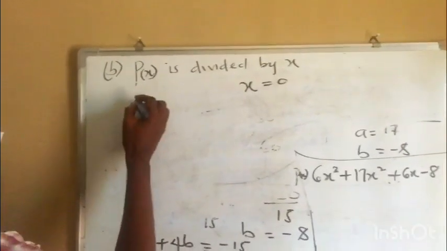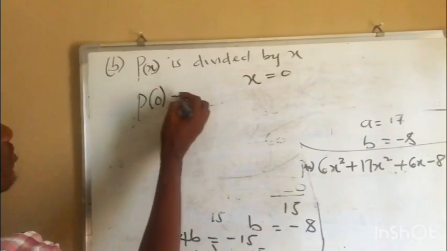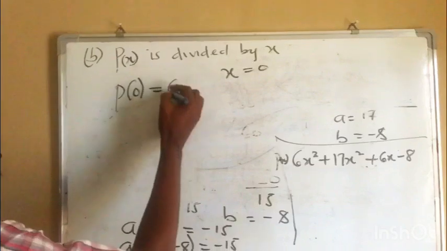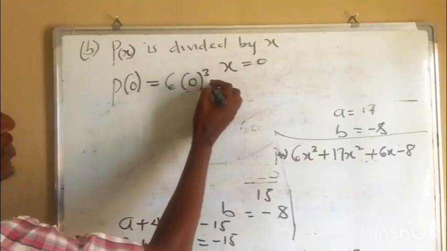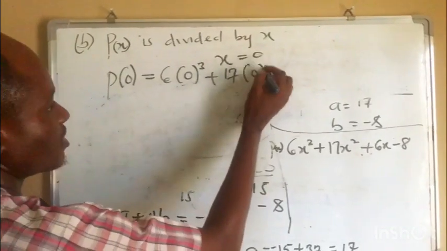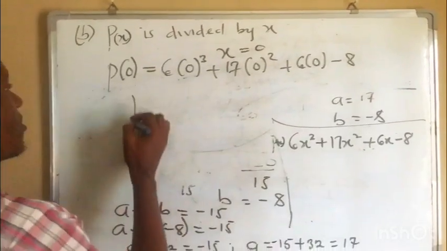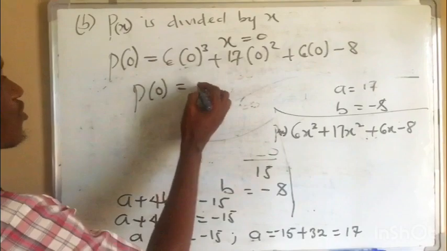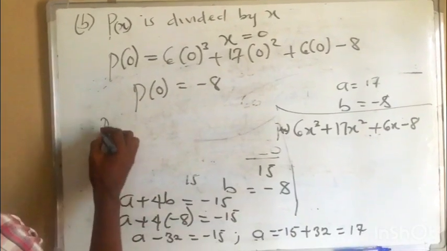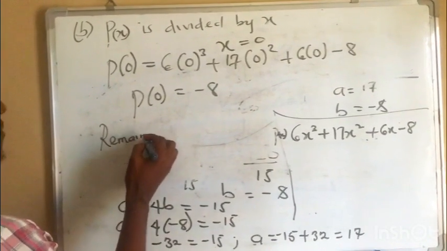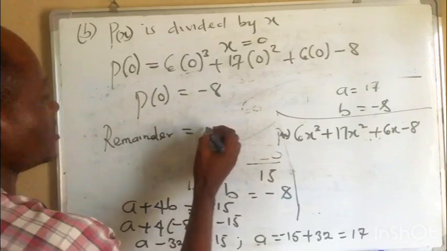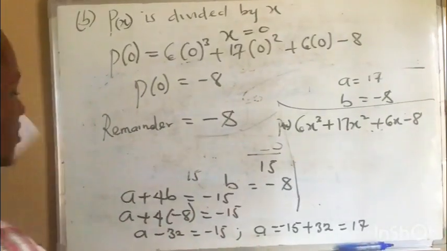Let me say P of 0 will be 6 into bracket 0 cubed plus 17 into bracket 0 squared plus 6 into bracket 0 minus 8. So my P of 0 will be equal to minus 8. That means the remainder of that polynomial is minus 8.